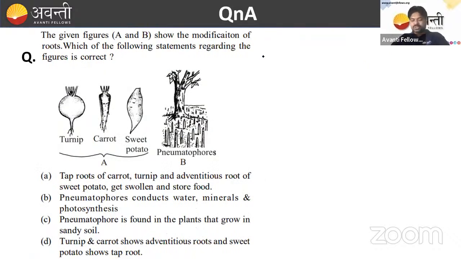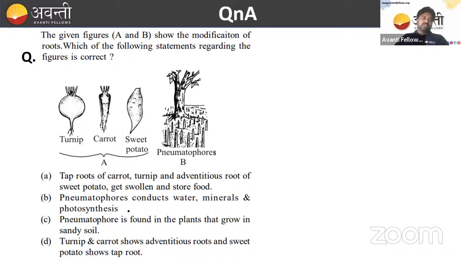Okay, so the next question is: in the given figures A and B, which show the modification of roots, which of the following statements regarding the figure is correct? Here in set A you can see turnip, carrot, and sweet potato. And here you can see pneumatophores. Option A: taproot of carrot, turnip, and adventitious root of sweet potato get swollen and store food.